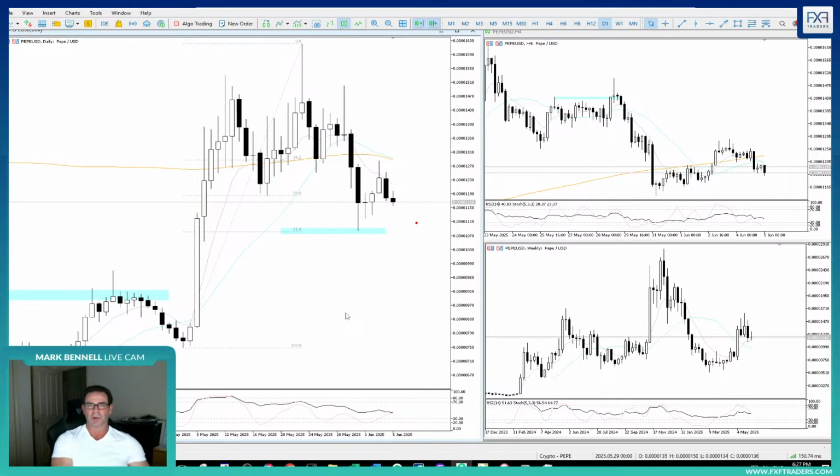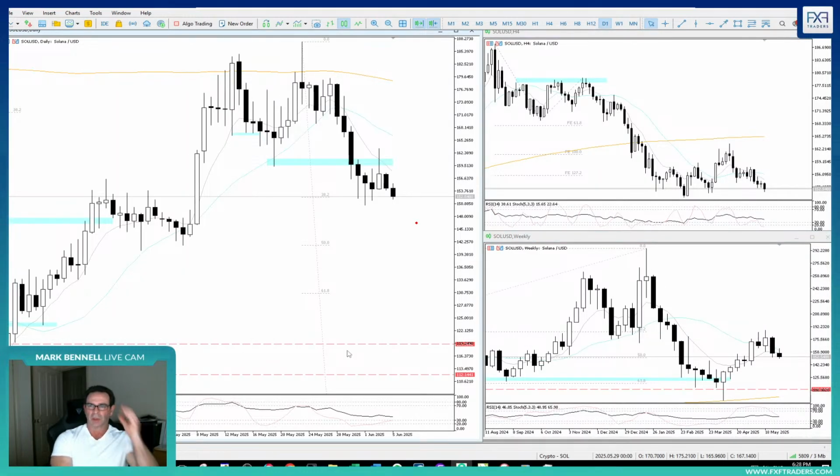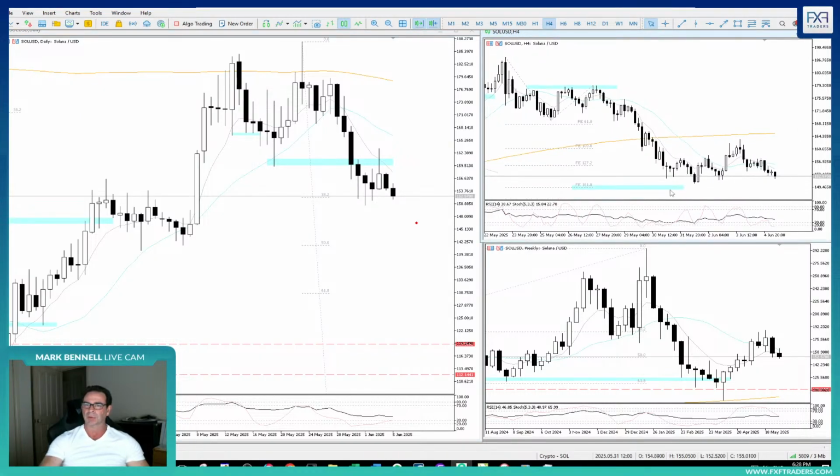These are some of the more popular cryptos. Pepe, look, it's caught on the 8, so I'll just be careful with that. I'm looking at it, but that does look short too. Solana, yeah, look, it's back under the 8. Bearish engulfing. This looks short as well. A little close to the low.